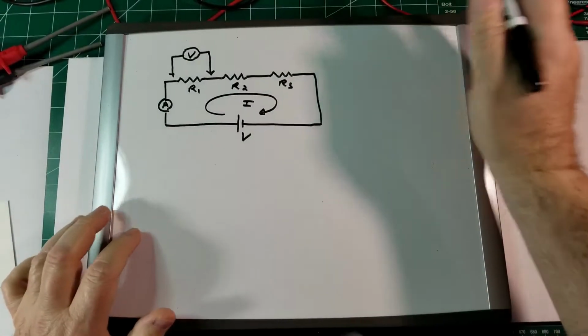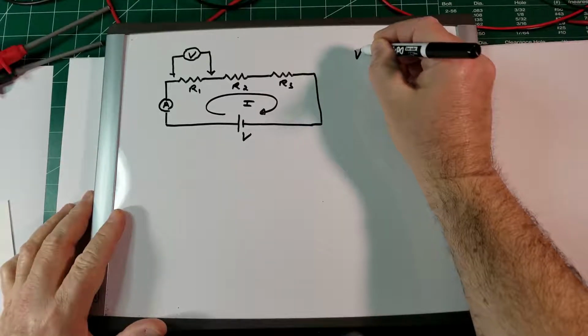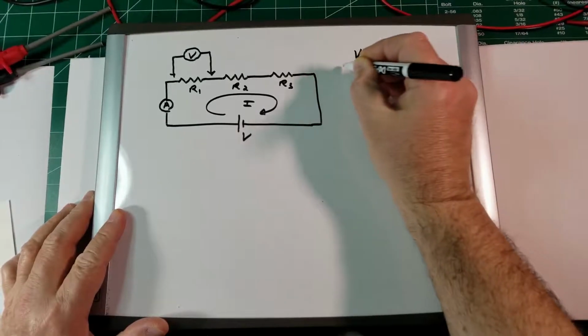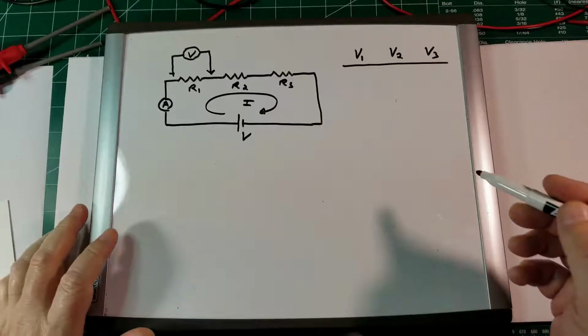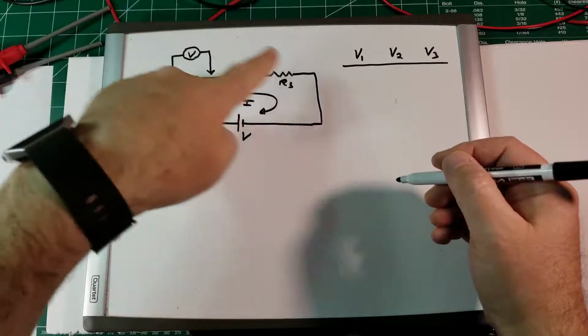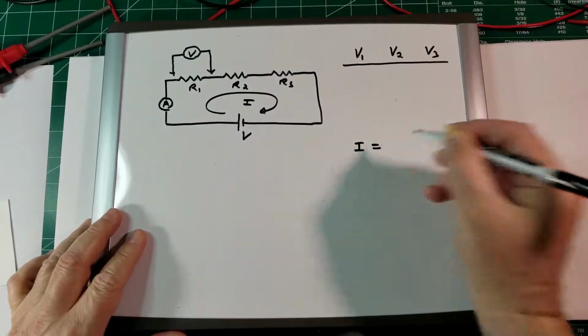In order to study this circuit, I'm going to write a little table where I'm going to have V1, V2, and V3, which are the three voltages on the three resistors. And I'm also going to measure the current I, which is the same for the whole circuit. So I will write it down just once.